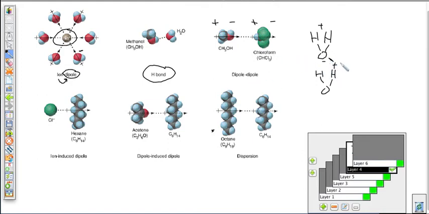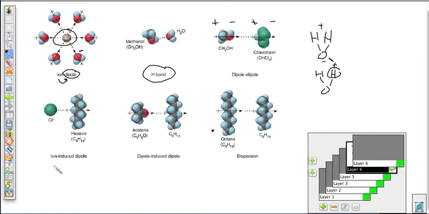So you can see hydrogen bond is a dipole interaction, but there are other dipoles other than ones dealing with hydrogen, although most of them are. Dipole is when any two molecules that are both polar stick together.